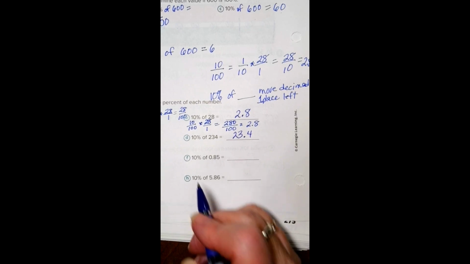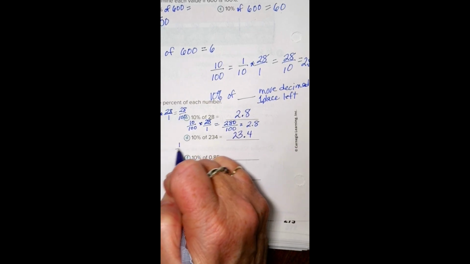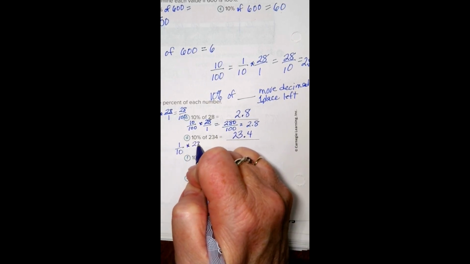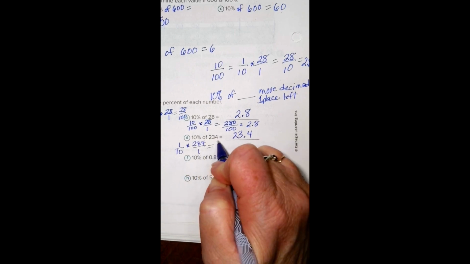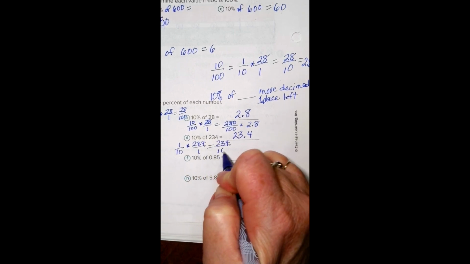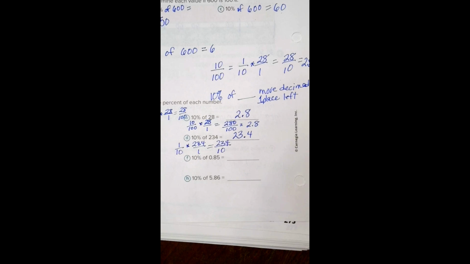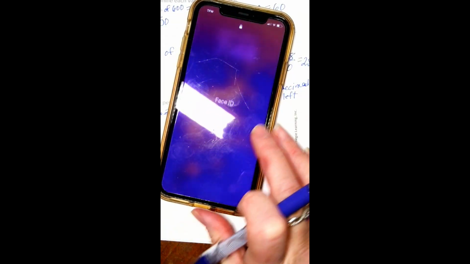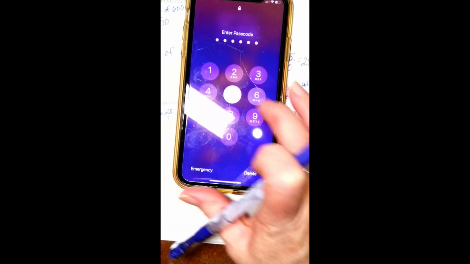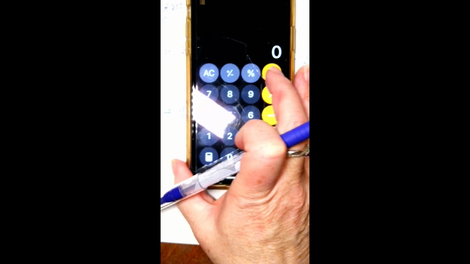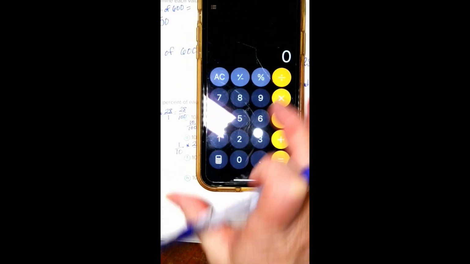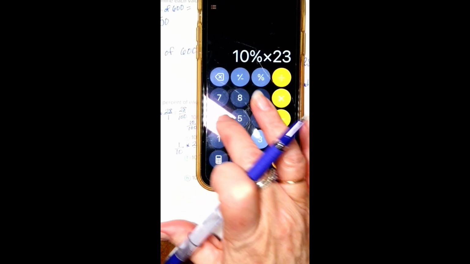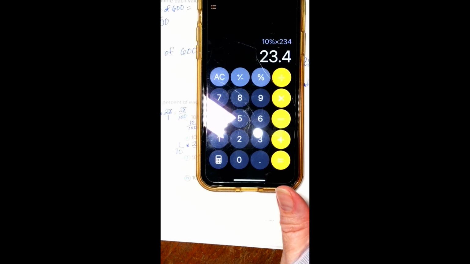So let's check it out. 10%, I'm going to write it as 1 over 10 times 234 over 1, multiply straight across, 234 over 10. If I'm dividing by 10, I'm going to move the decimal 1 place over. Let's show you that on here. Okay, 10% of 234, 23.4.